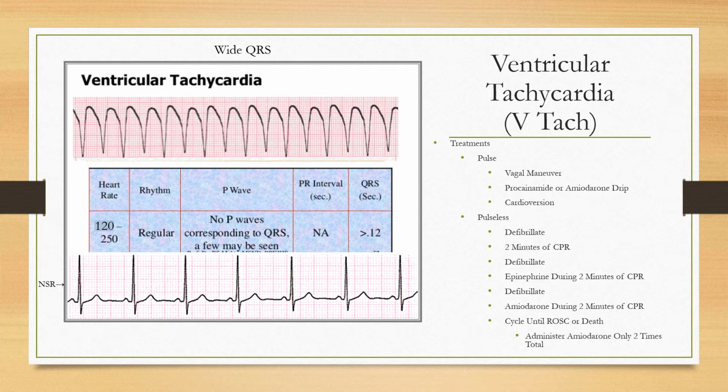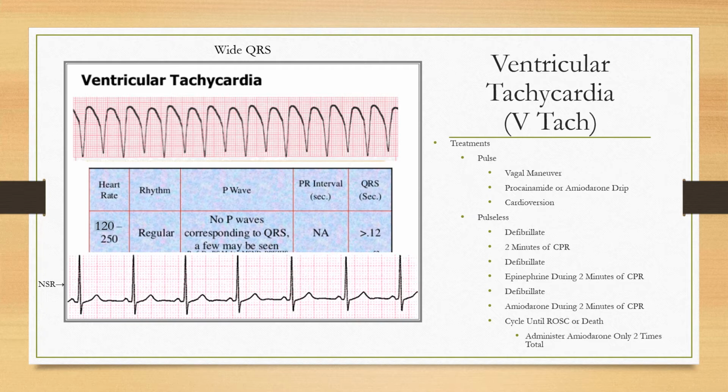And notice we're defibrillating here, and I'll talk about that on a later slide, instead of cardioverting. So we defibrillate. If that doesn't work and the rhythm continues, we do CPR, so chest compressions for 2 minutes. And then we try and defibrillate again. If that doesn't work, we go right back to CPR and we administer an IV dose of epinephrine.